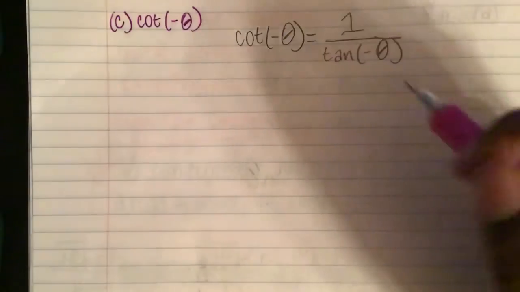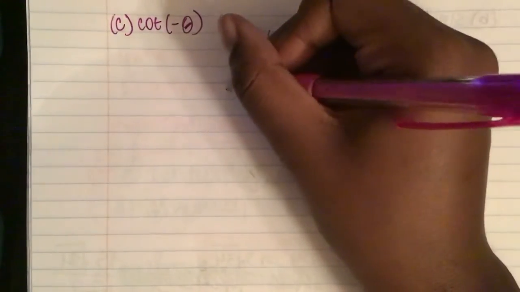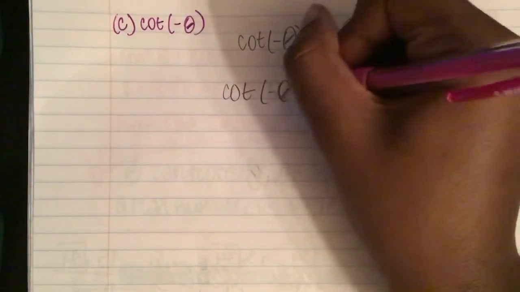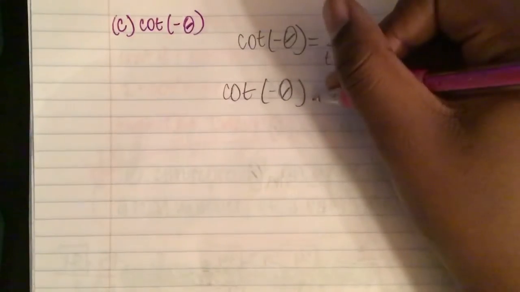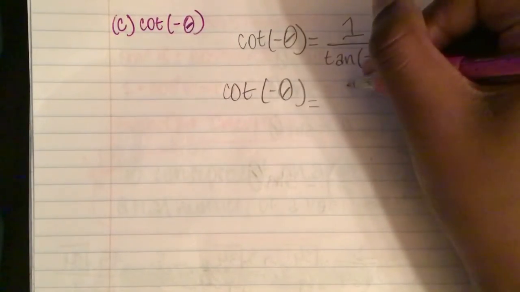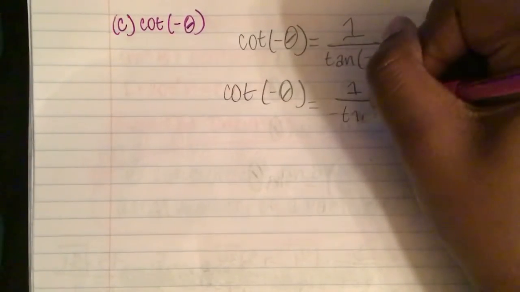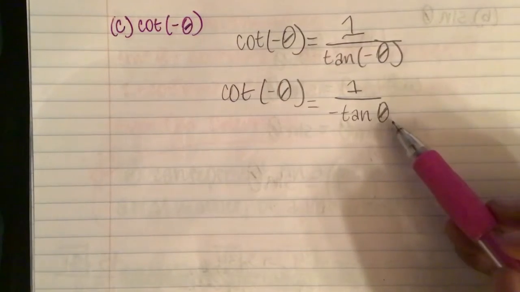And now we're going to get rid of this negative on this side of the equation so that we can just get our normal positive tan. So it's 1 over negative tangent of theta. So our equation now becomes that.